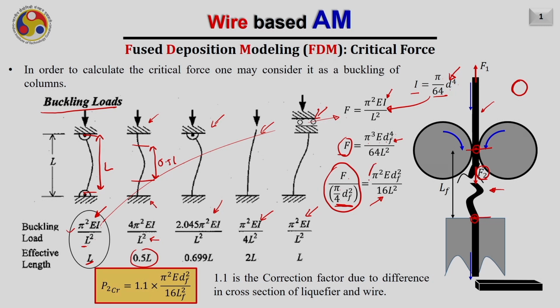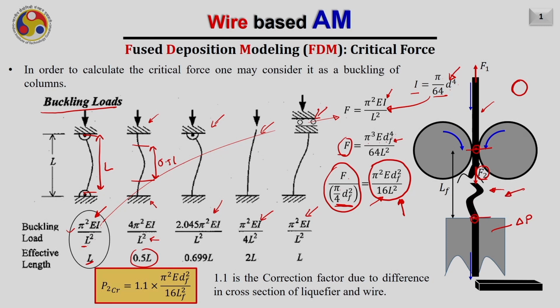Therefore, I can say that this is the value corresponding to the maximum pressure which the wire can handle if we are pushing it towards the liquefier. Therefore, the pressure in the liquefier, which I am saying right now may be delta P, should not exceed this value. If it is exceeding this value, then definitely the wire gets buckled in this region.